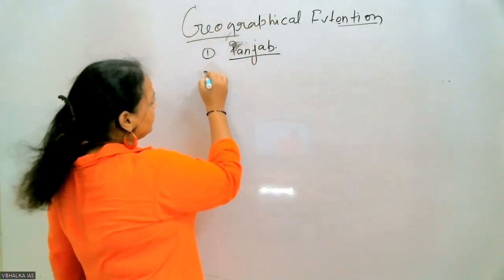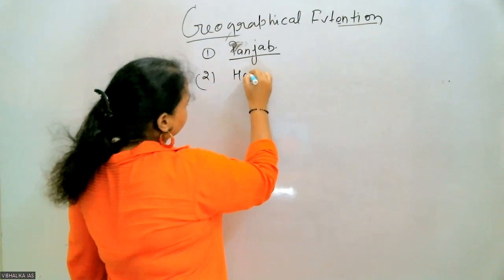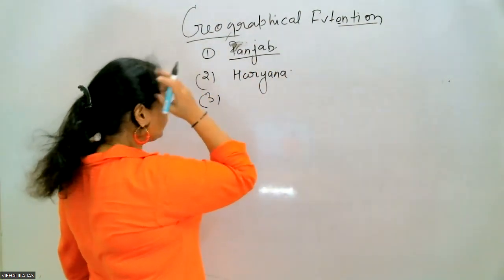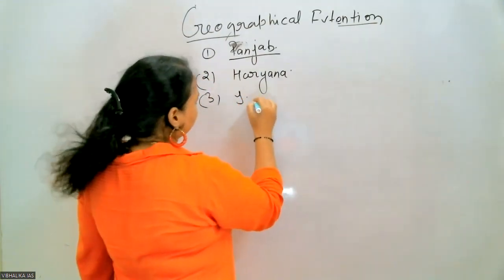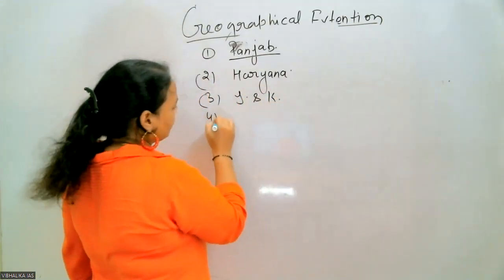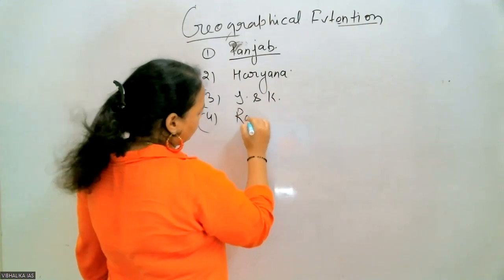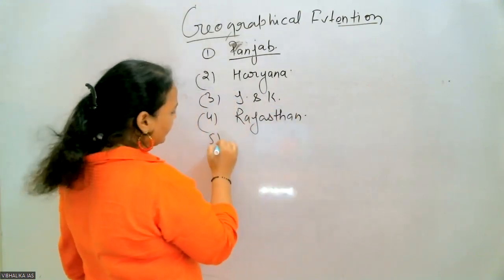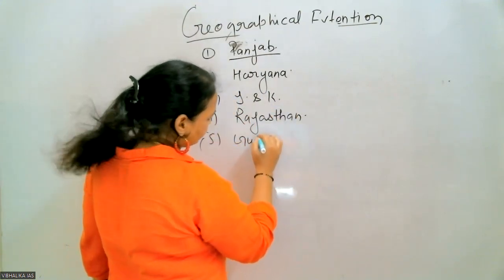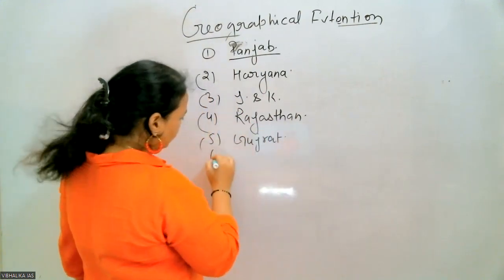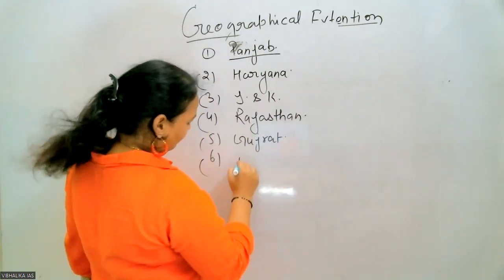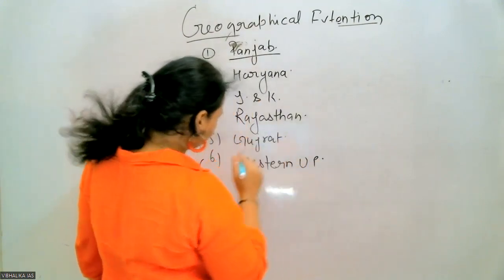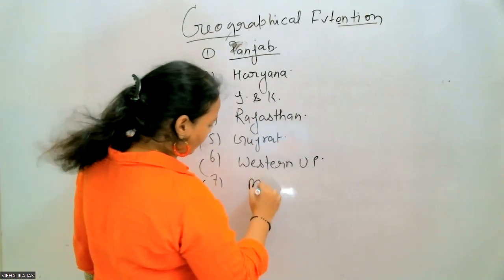Number two, Haryana. Number three, Jammu and Kashmir. Number four, Rajasthan. Number five, Gujarat. Number six, Western Uttar Pradesh. Number seven, Maharashtra.